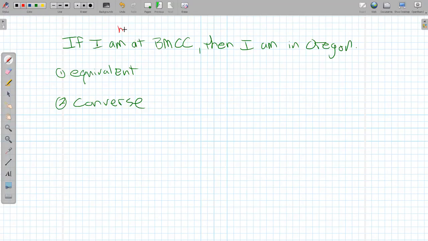So the first part after the if, but before the comma, is the hypothesis. And then this is the conclusion. Write an equivalence and write a converse. I gave two simple examples of equivalence.